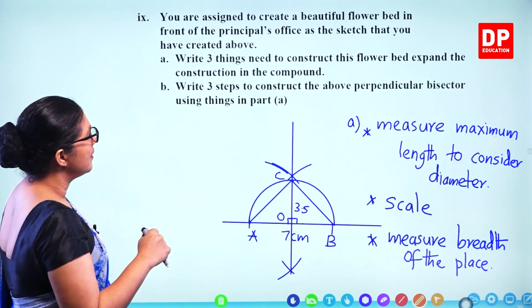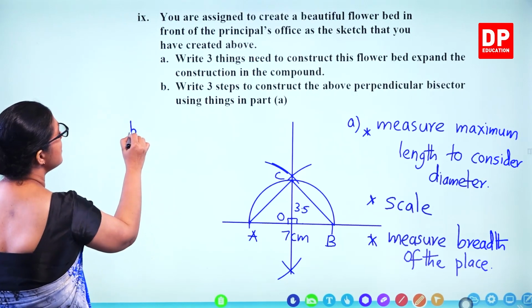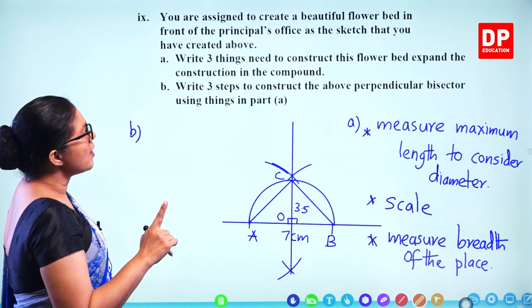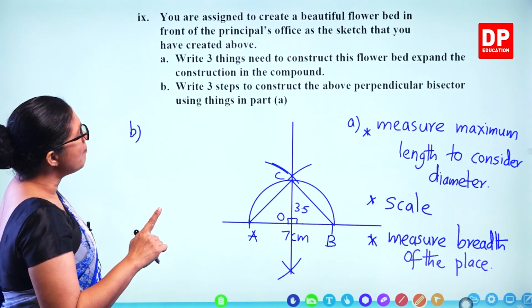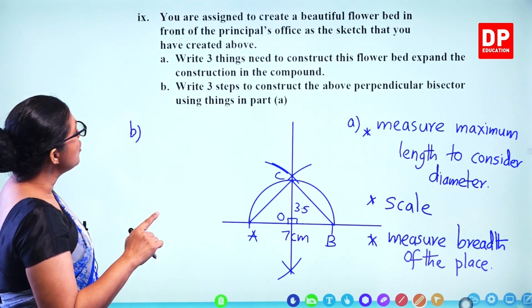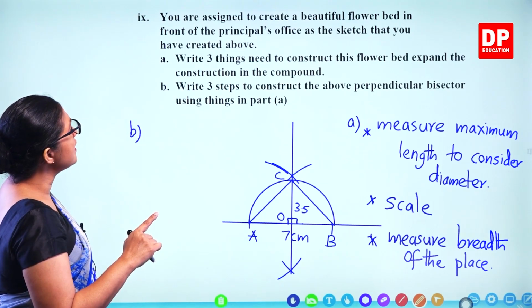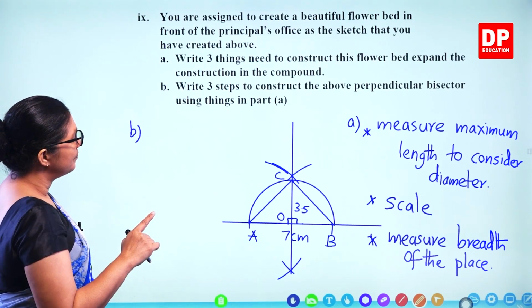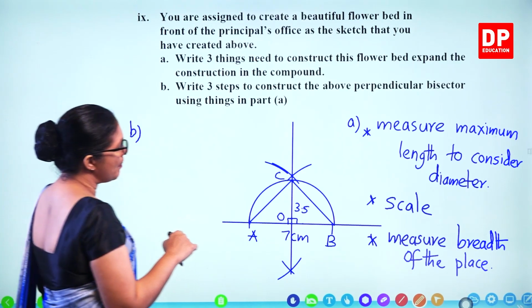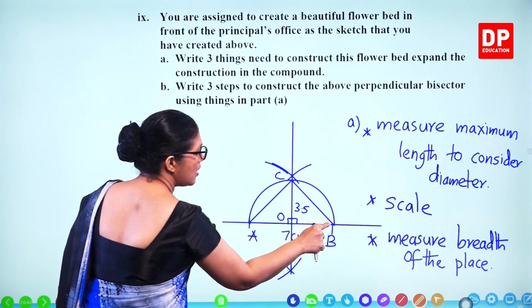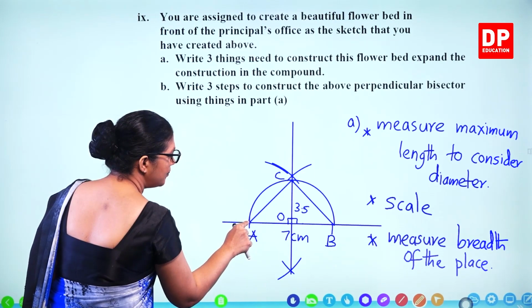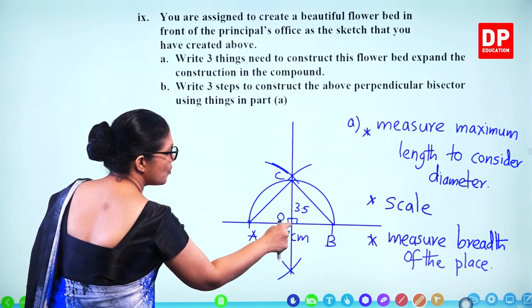Then part B, write 3 steps to construct the above perpendicular bisector using things in part A. So how do you draw the perpendicular bisector? You can measure from the corner.